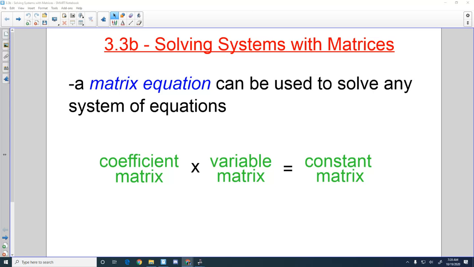We're going to take a system of equations today and write it in this form, with the coefficient matrix times the variable matrix equal to the constant matrix. Then we're going to use our matrix operations to solve it for that variable matrix. Let's see what that looks like.